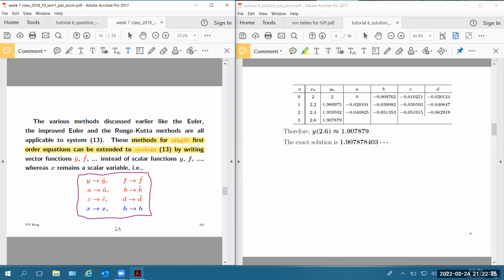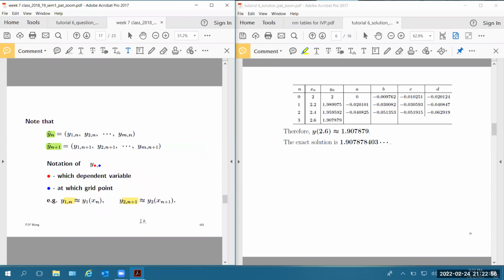In our previous formula, almost everything, you can see the y, the f, the a, b, c, d, all you change them to tilde. There are 2 things with no tilde: x, the independent variable, is still x, and your step size h is still h. The rest all become tilde. So that's the trick.